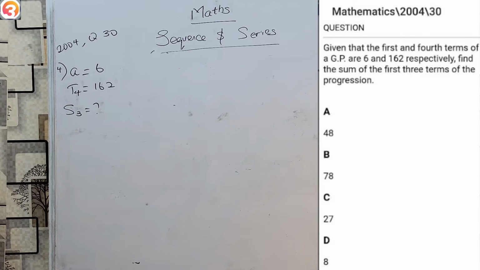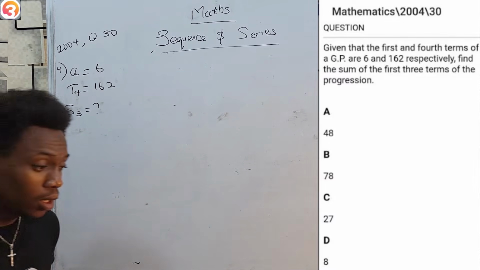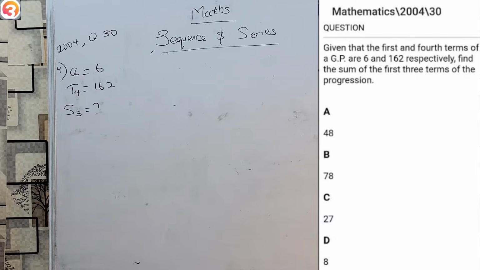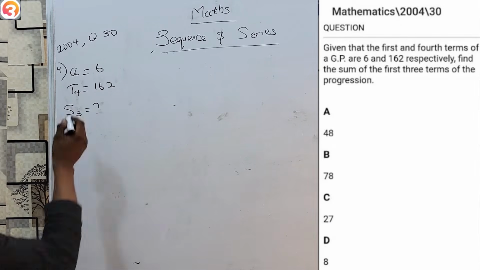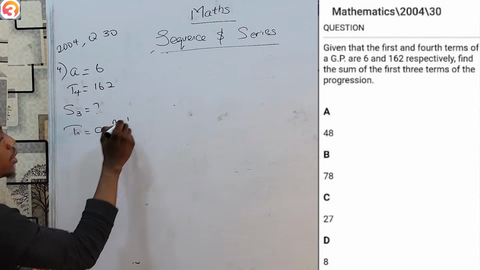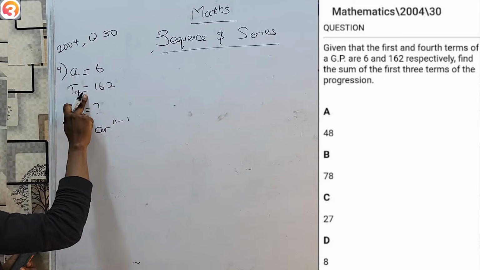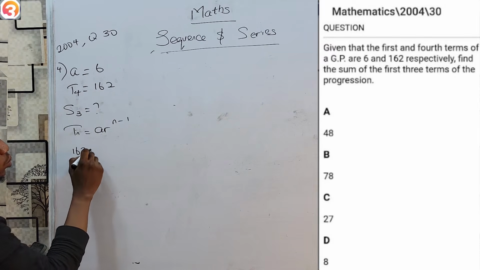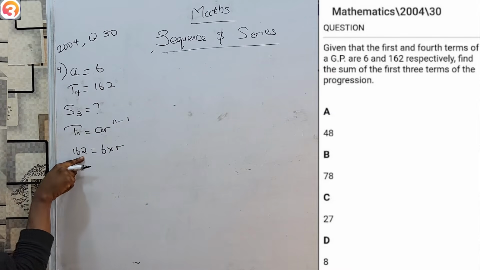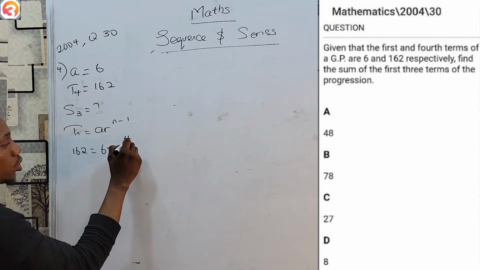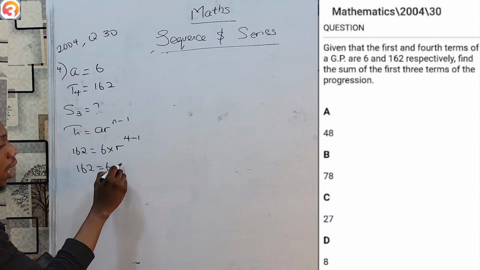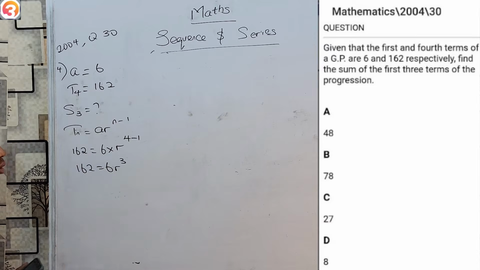So I want to find the sum of the first three. Well, let's see. We know that for the sum of a GP, I will need to know the common ratio. And right now, I do not know that common ratio. So can I get it? I will simply remember that Tn equals A r raised to power n minus 1. And my T4 is 162. A is 6. I do not know the ratio, but I know that 162 is occupying the fourth position. That gives me 162 equals 6 r, 4 minus 1 is 3.